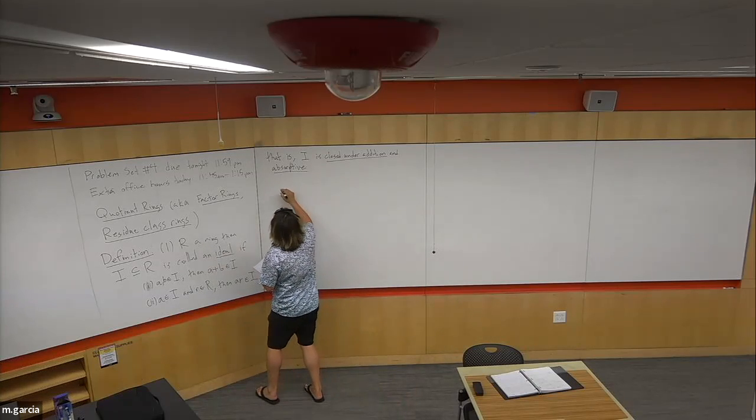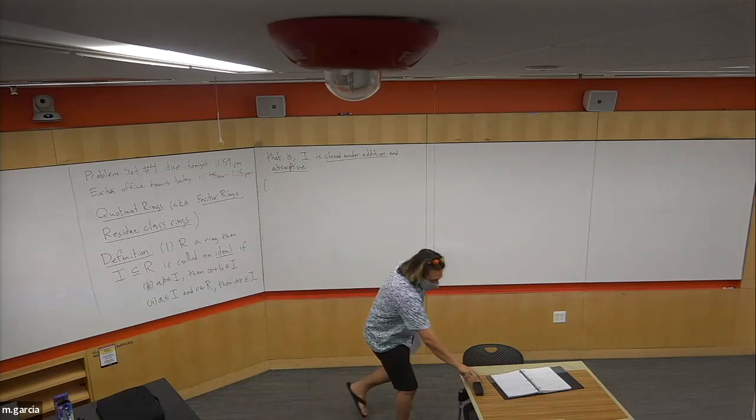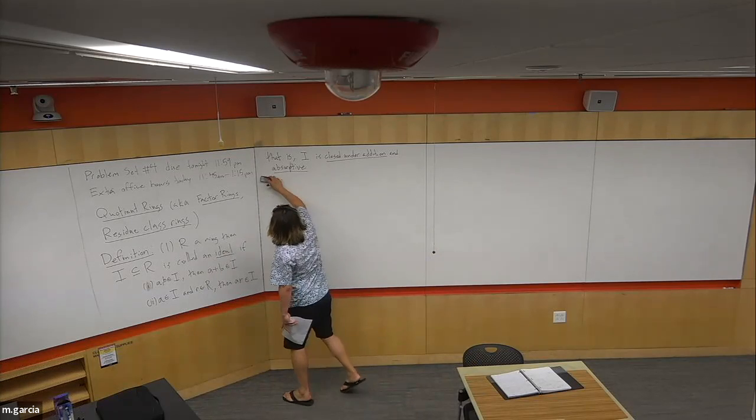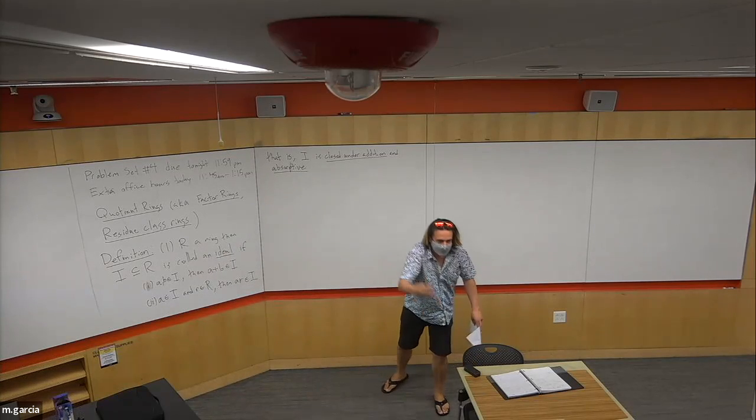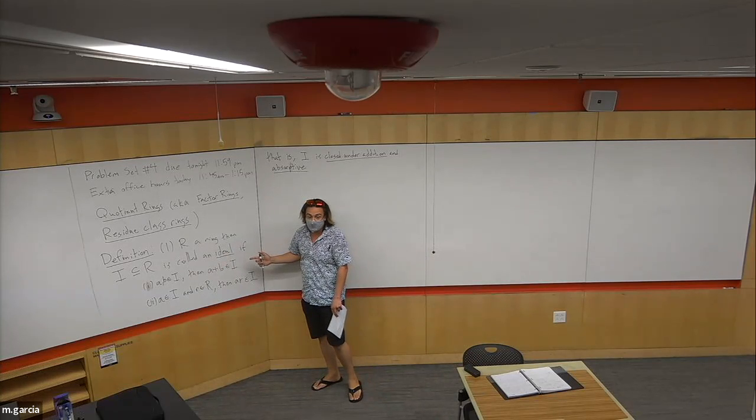Okay. So we've seen many examples of an ideal already. Namely, I said this yesterday, right? I made a big deal about pointing out that mZ, the set of multiples of any integer m, satisfies these two properties, right?